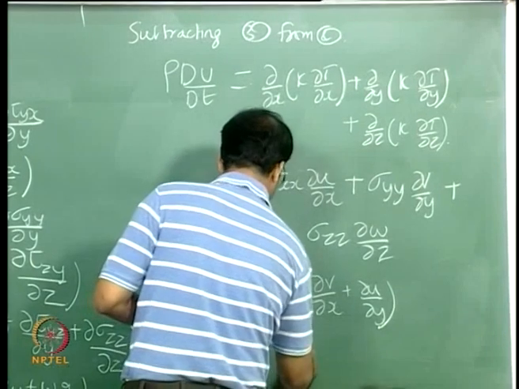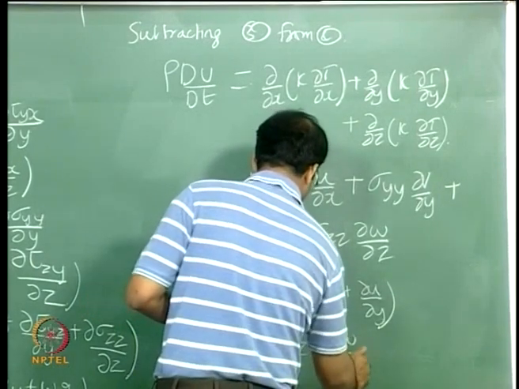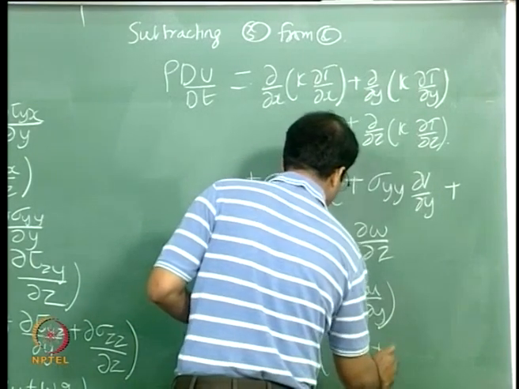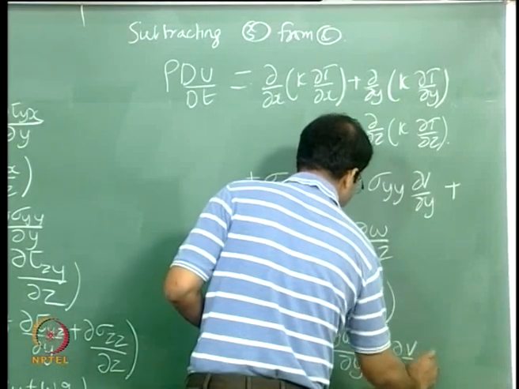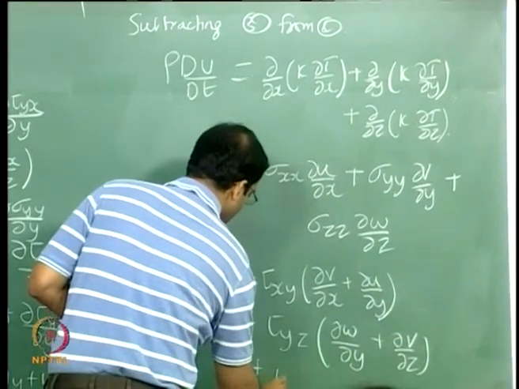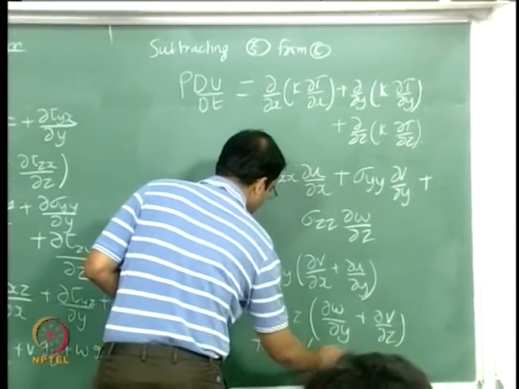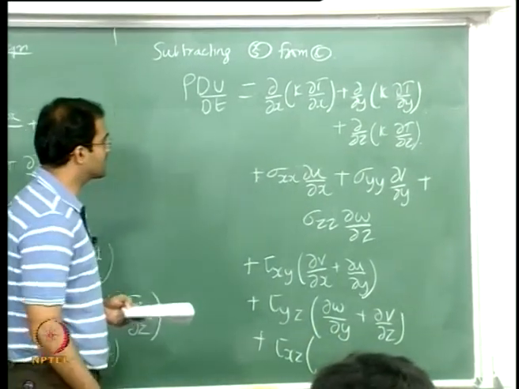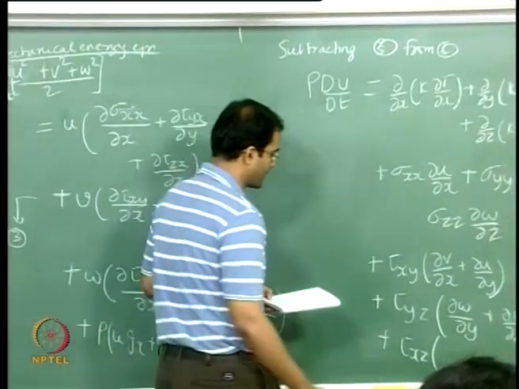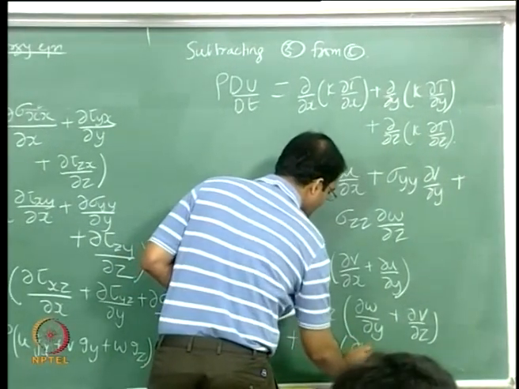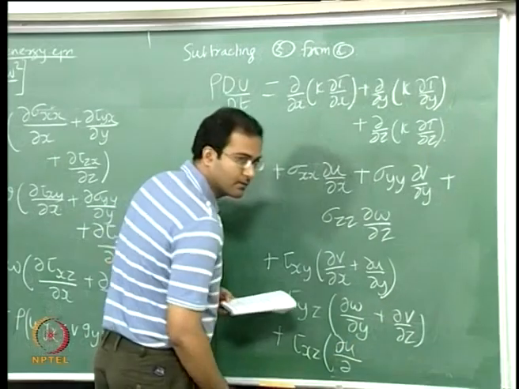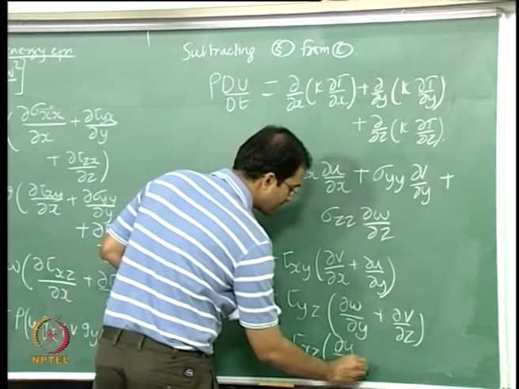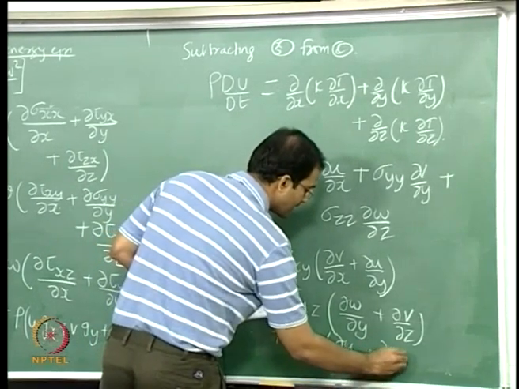Similarly, tau yz gives dw by dy plus dv by dz, plus tau xz. What should be the derivative inside? du by dz plus dw by dx.